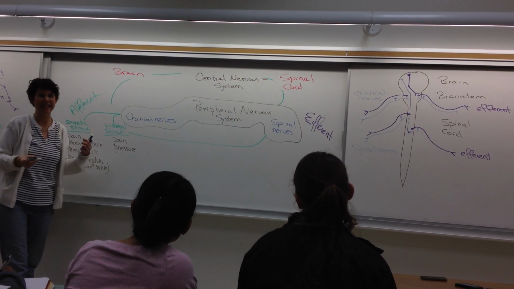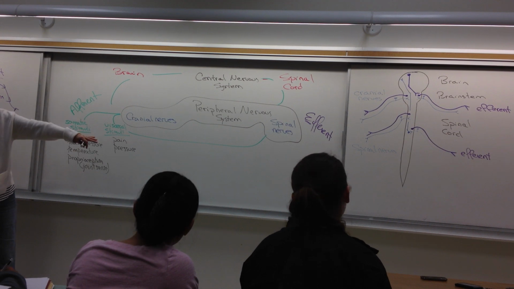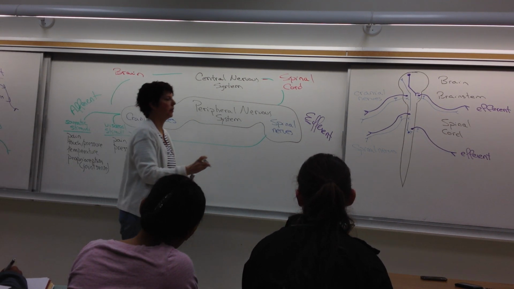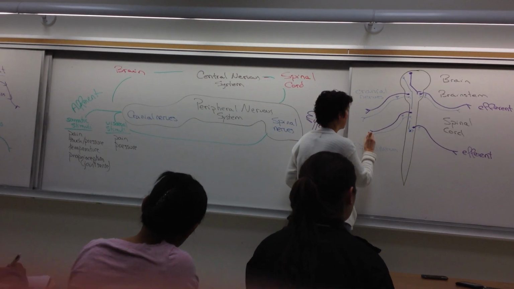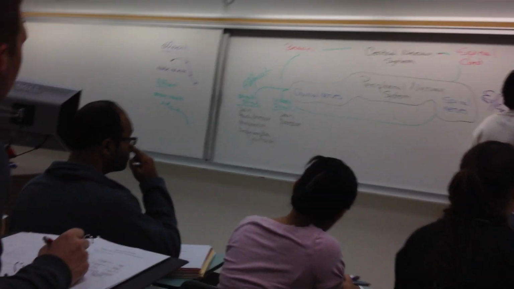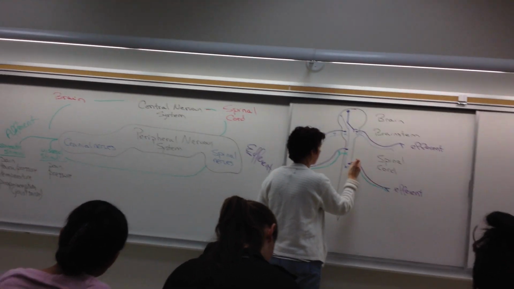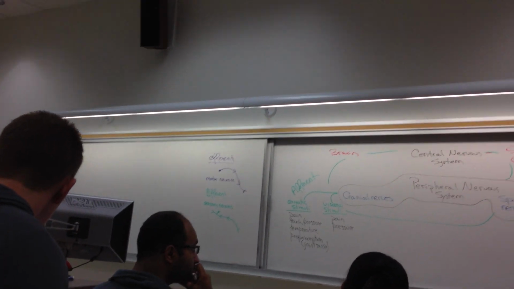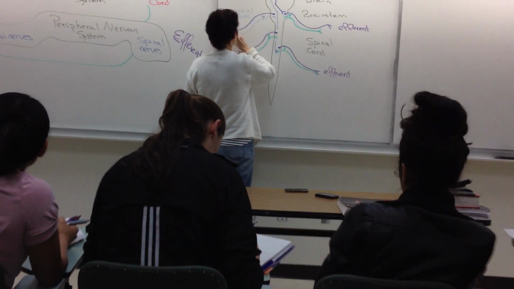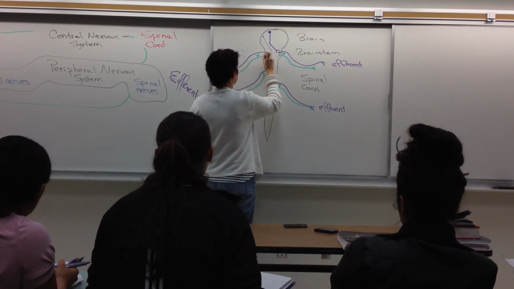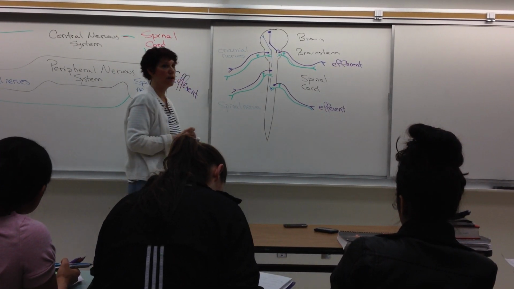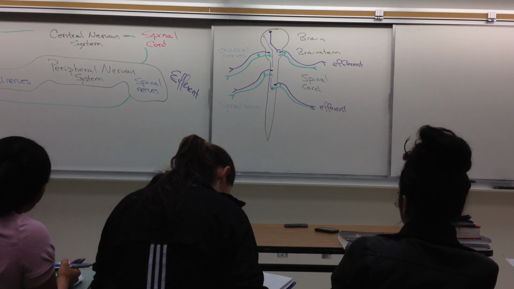So both of these, either via cranial nerves or spinal nerves, can end up going into our spinal cord or into the brainstem. So that's our sensory or afferent division.